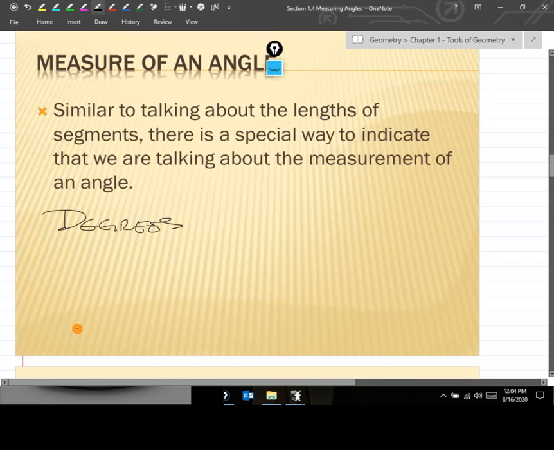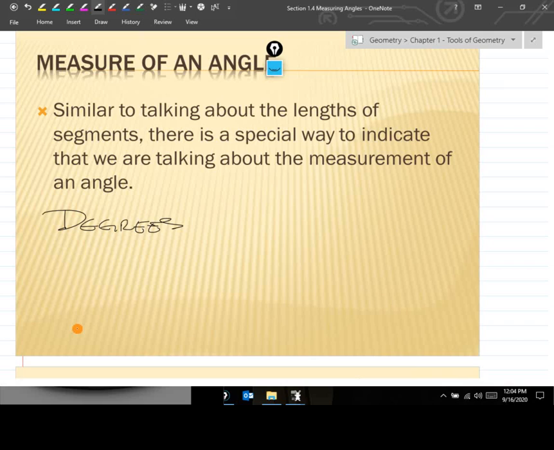We're going to focus on angles that measure between 0 and 180 degrees. As the class progresses, we'll start talking about angles that are bigger than 180, and as you take maybe my trig class, we'll talk about angles that are negative, which you might think, how can an angle measurement be negative? But it's possible.